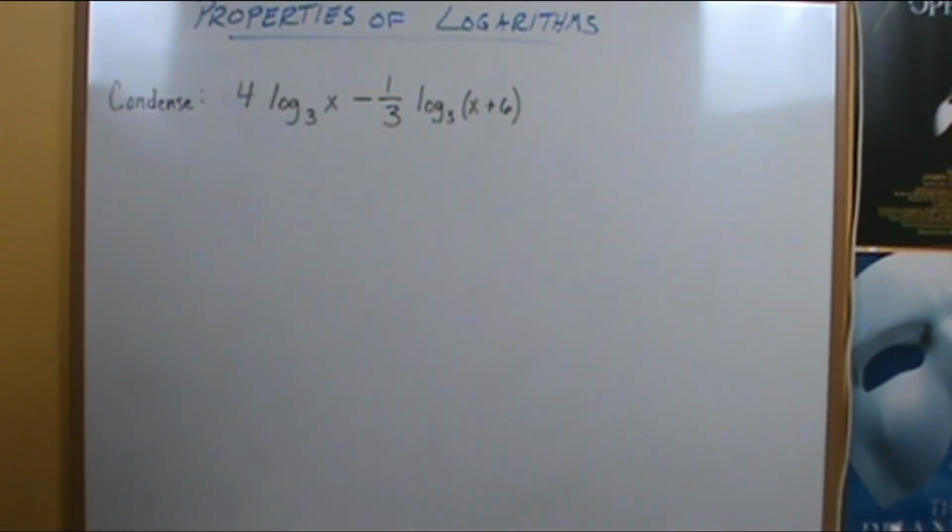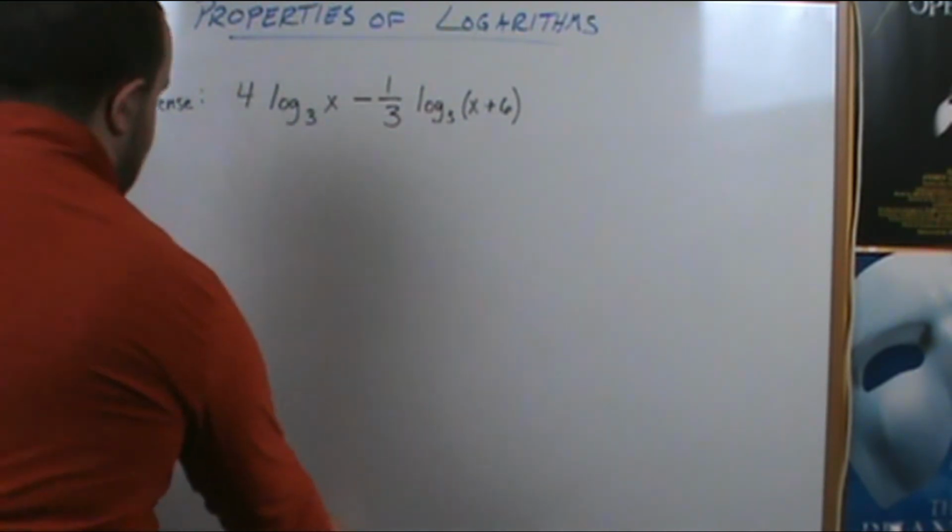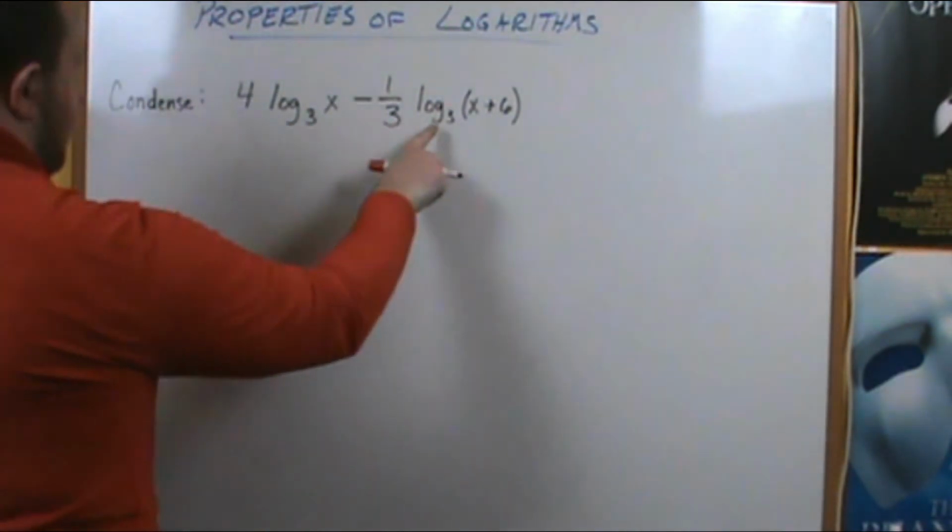And then the last example here that we'll do in this video is to condense 4 times log base 3 of x minus 1/3 of log base 3 of x plus 6. So first off, notice we have a coefficient in front of these logarithms.